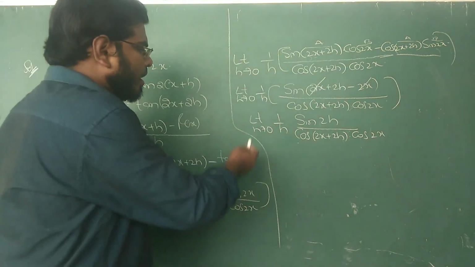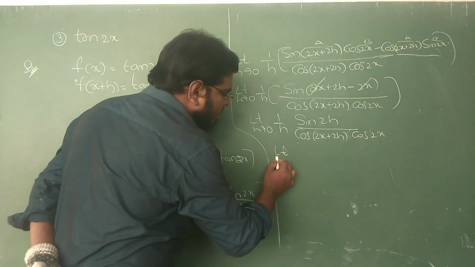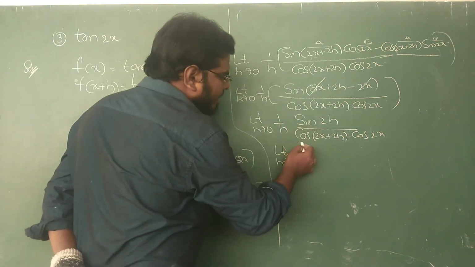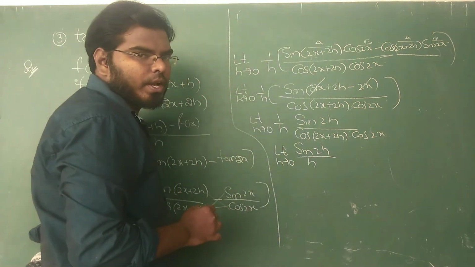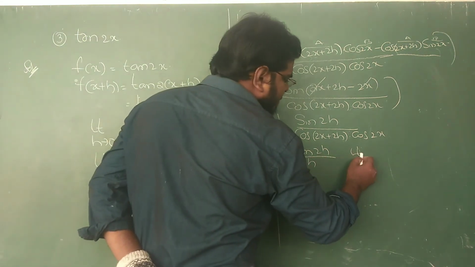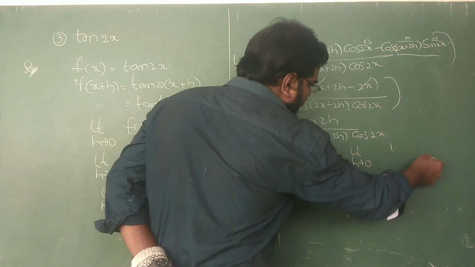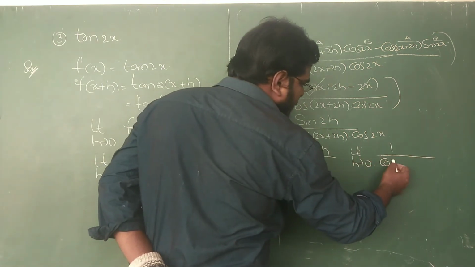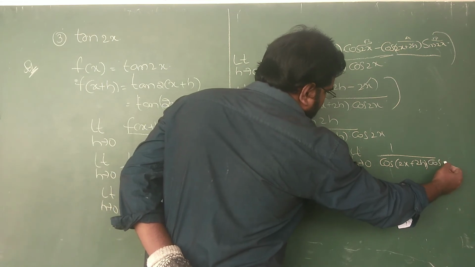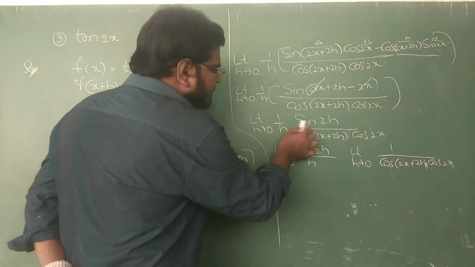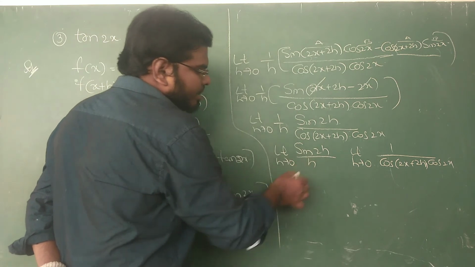Now apply the limit: 2h by h. And for this also, limit h tends to 0, 1 by this total, cos 2x plus 2h into cos 2x. I already told you, when you see sin h, give the h to that.